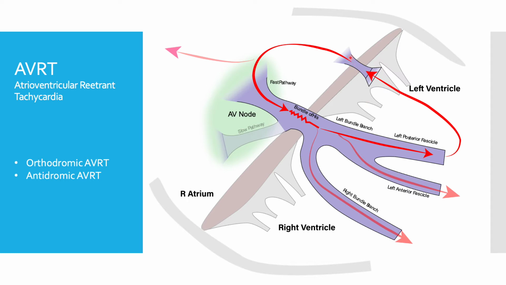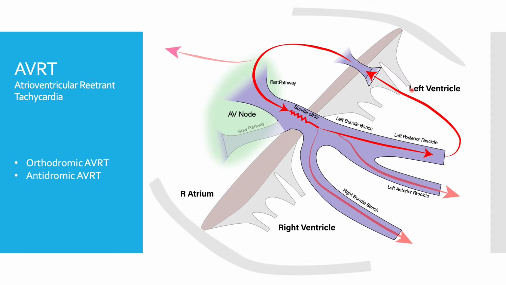Now, antidromic AVRT is characterized by the accessory pathway being the anterograde limb and the AV node being the retrograde limb. And these are often, or almost always, wide complex tachycardias because the accessory pathway usually inserts directly into the myocardium and does not use the His-Purkinje system of the ventricles to create a narrow QRS.